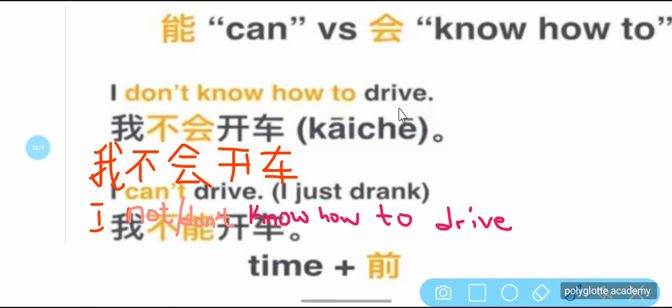So I don't know how to drive. 我不会开车. I don't know how to drive. So we have this.